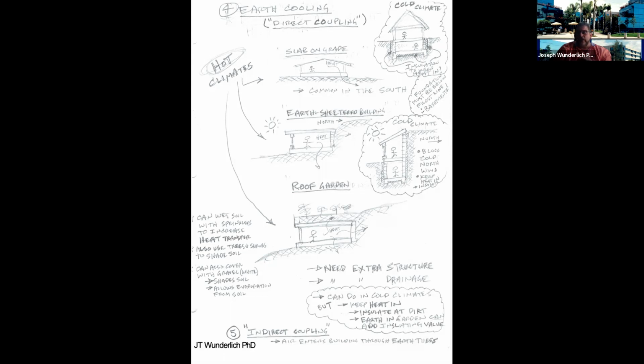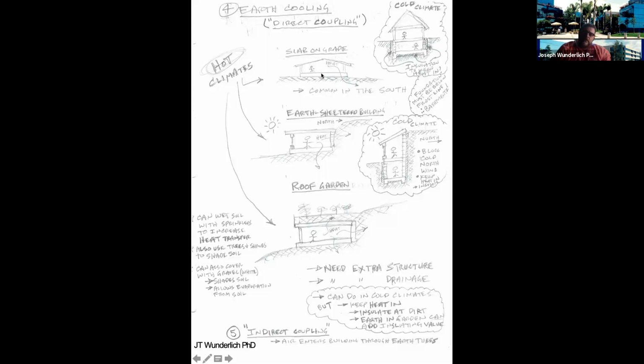We're talking about passive now, passive cooling, direct coupling, where you're simply up against the earth and it's helping with cooling. Now, you may want to insulate to keep the heat in, but there's a direct coupling from the earth to the foundation walls and slab.